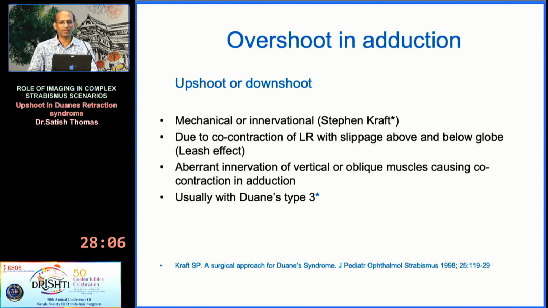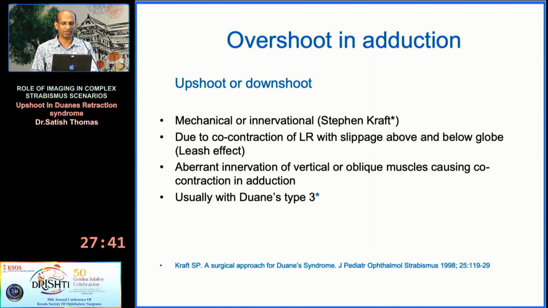So coming to the overshoots in adduction, they can be upshoots or downshoots, and Stephen Kraft classified them into either mechanical or innervational. The mechanical one is due to co-contraction of the lateral rectus with slippage of the globe above or below the tight lateral rectus.